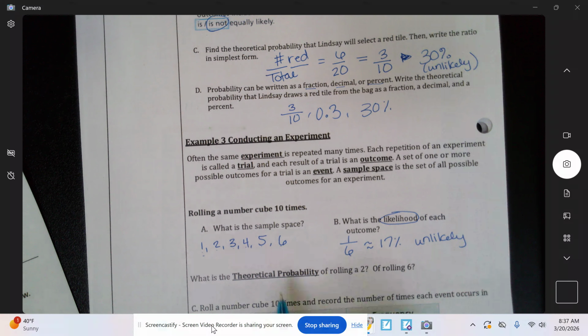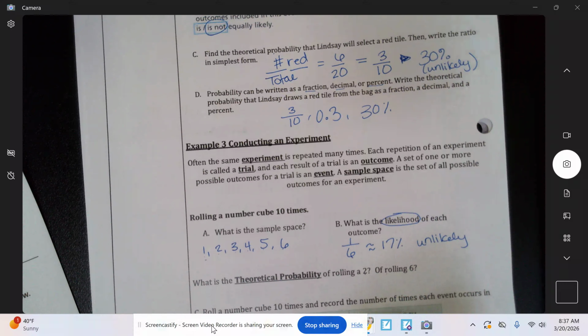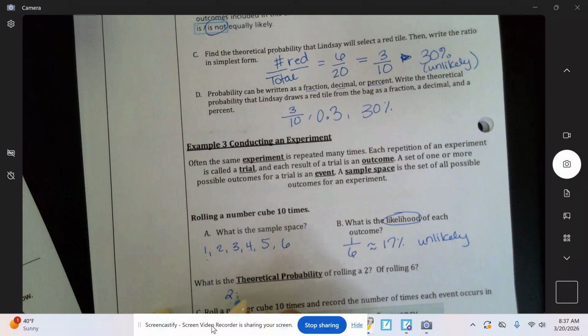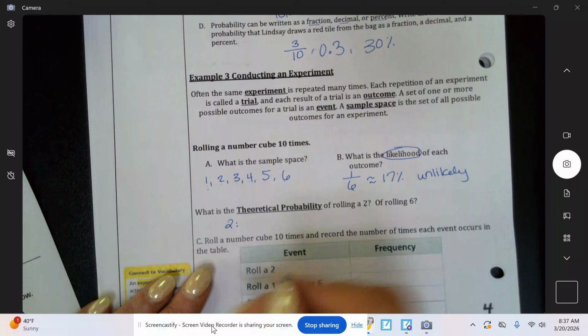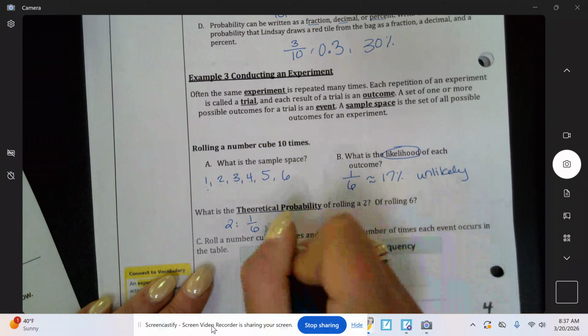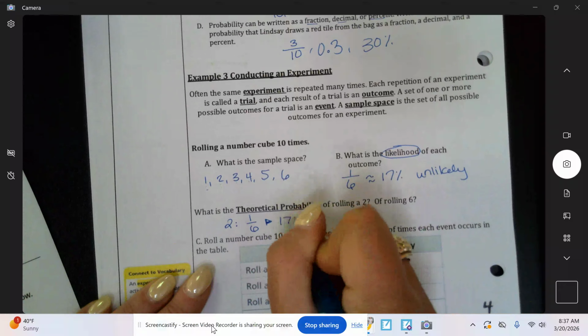So what is the theoretical probability of rolling a 2 and then rolling a 6? Well, aren't they all going to have the same probability? Because they all only are there one time out of 6. So what would be the theoretical probability of rolling a 2? How many 2s do you have? Out of a total of? So what's our percent? 17%.